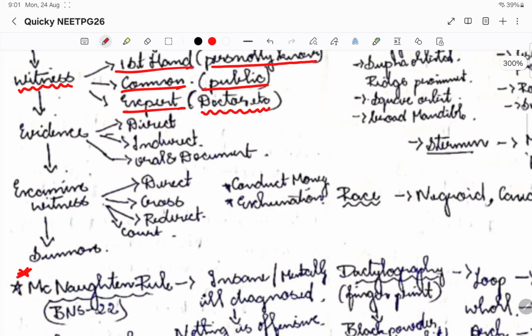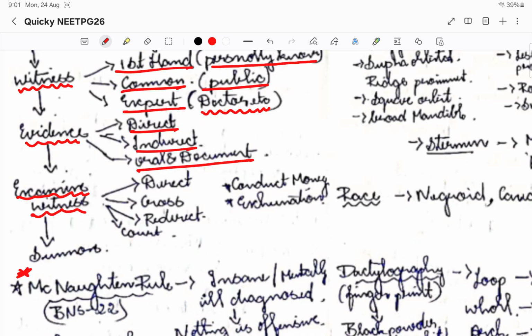Then after witness, it is going to be the evidence. Evidence will be direct, indirect or oral documentation. Then coming to examining of the witness, now we have to examine the witness, right? After calling the witness, these are the three types of witness that are there. So now the court will be calling them.